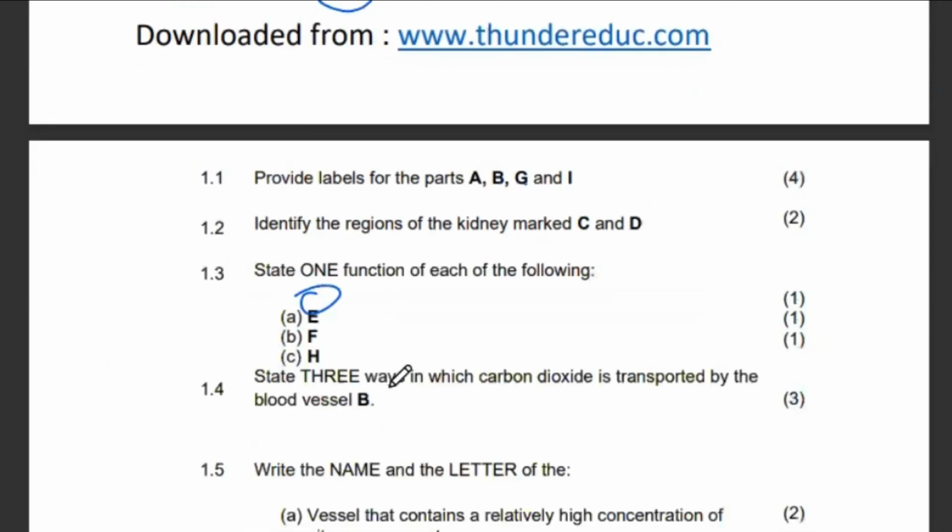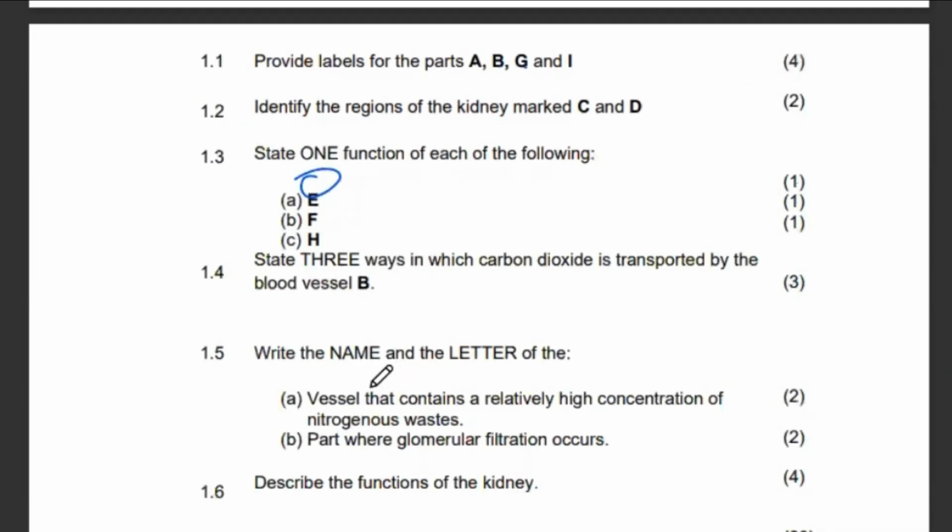Then we go to the next question. Name 3 ways in which carbon dioxide is transported in the blood. Oh, how is carbon dioxide transported? Carbon dioxide is transported in 3 ways. Through bicarbonate, I'm going to explain. Through carbohemoglobin.